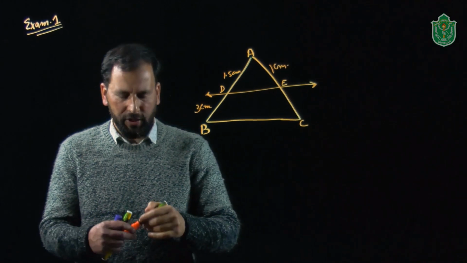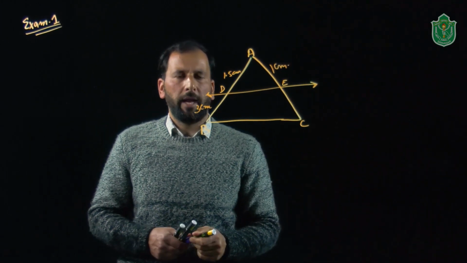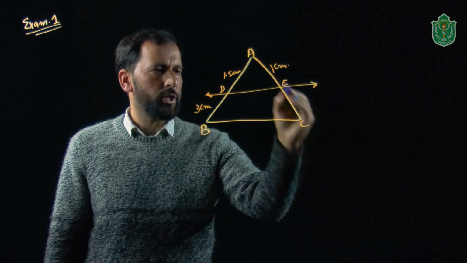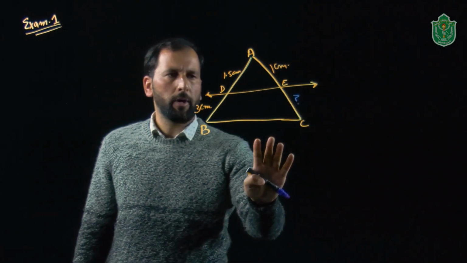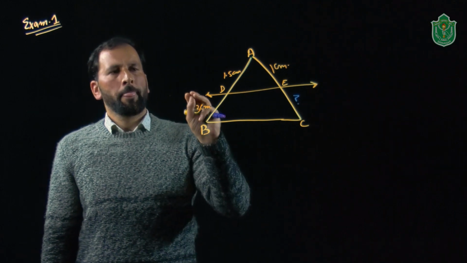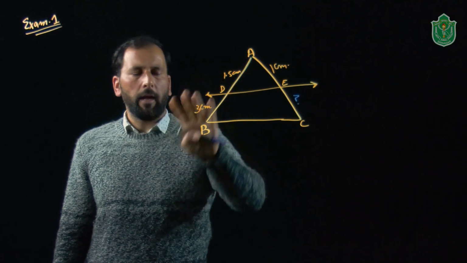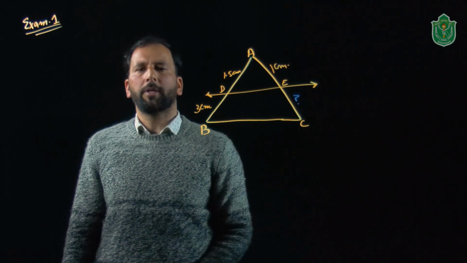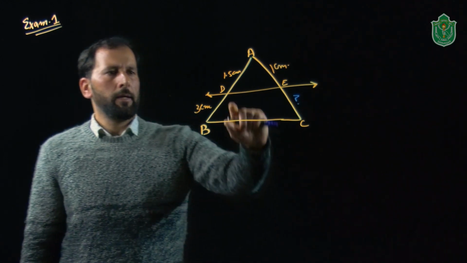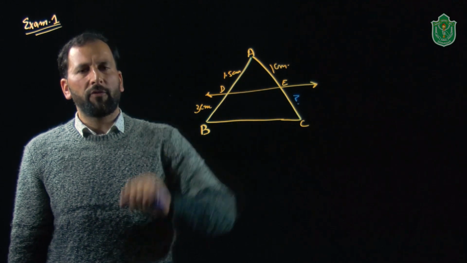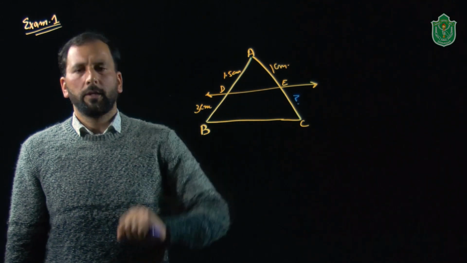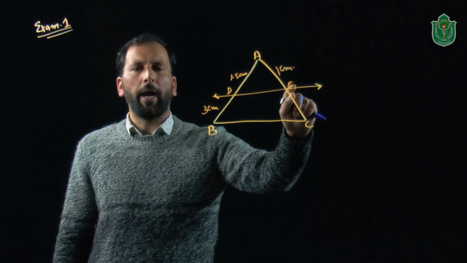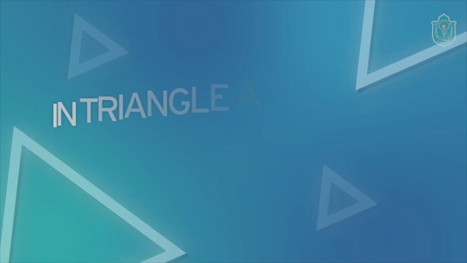And the question is how to find out the segment CE. This is the question mark here. We have to find out this EC. So the question is: in triangle ABC, a line DE is given parallel to one of its sides BC, and the segments A to D is 1.5, D to B is 3, A to E is 1 centimeter, and we have to find EC. So what is given here?